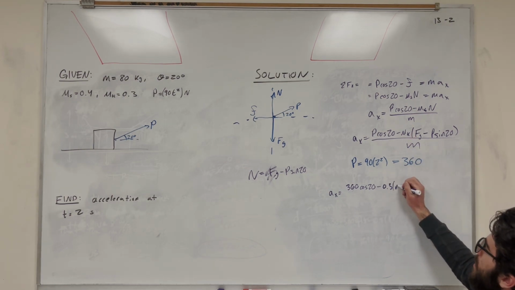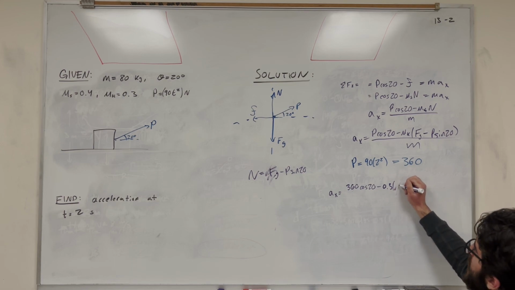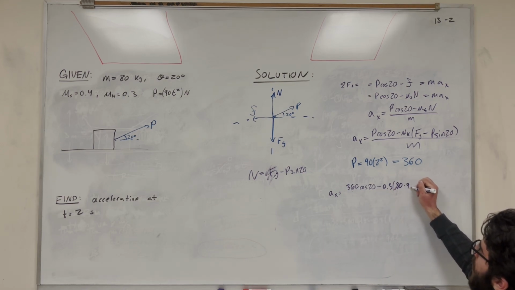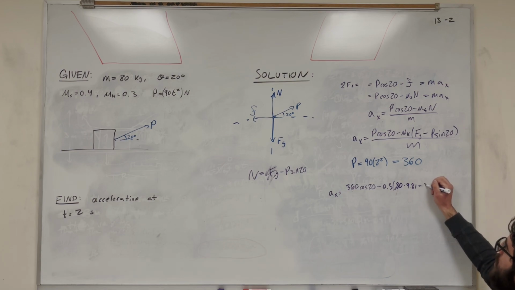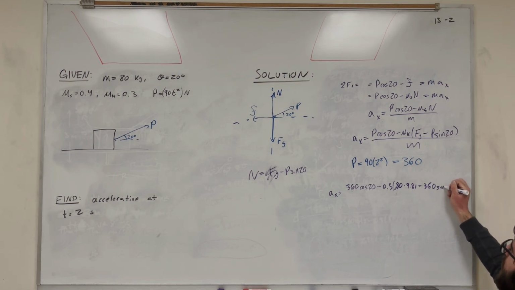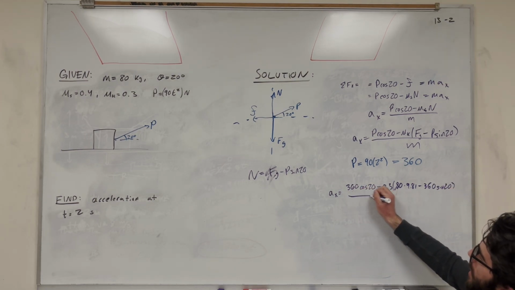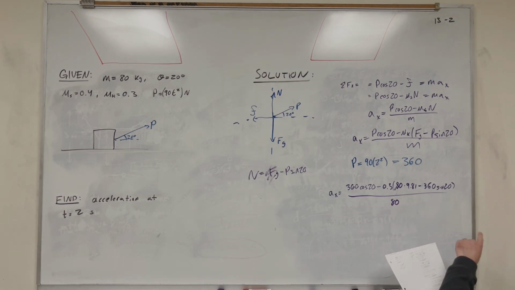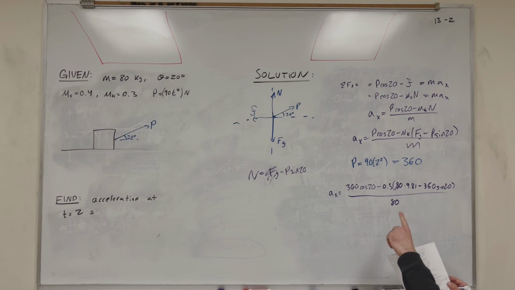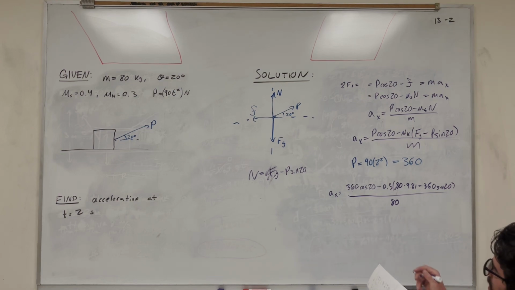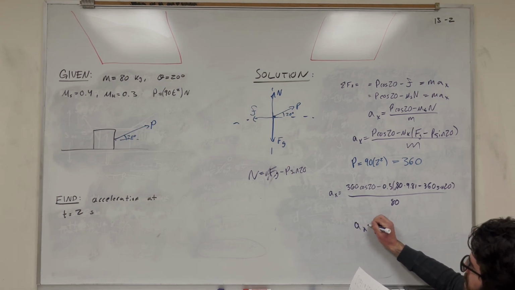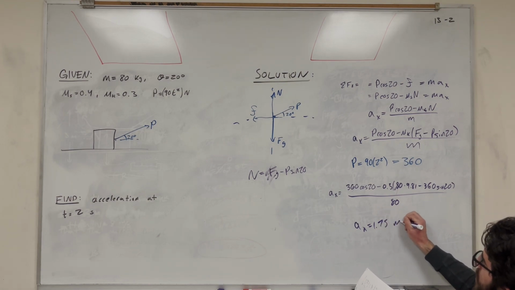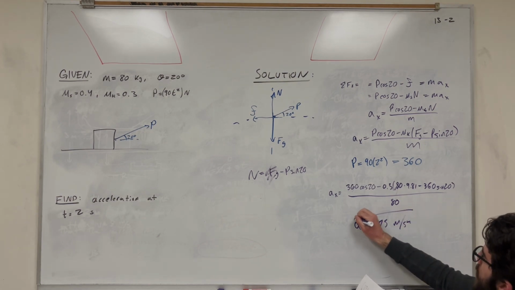Force of gravity is mass times acceleration, so the mass is 80 times 9.81 minus 360 for P, sine of 20, divided by mass, 80 kilograms. Make sure I get all this right. Yeah, it's looking good. Okay, and then you get acceleration x is equal to 1.75 meters per second squared.